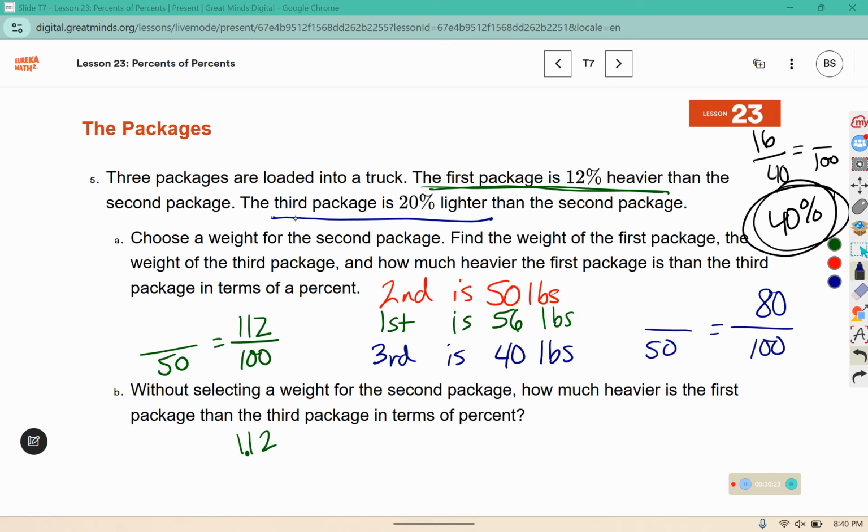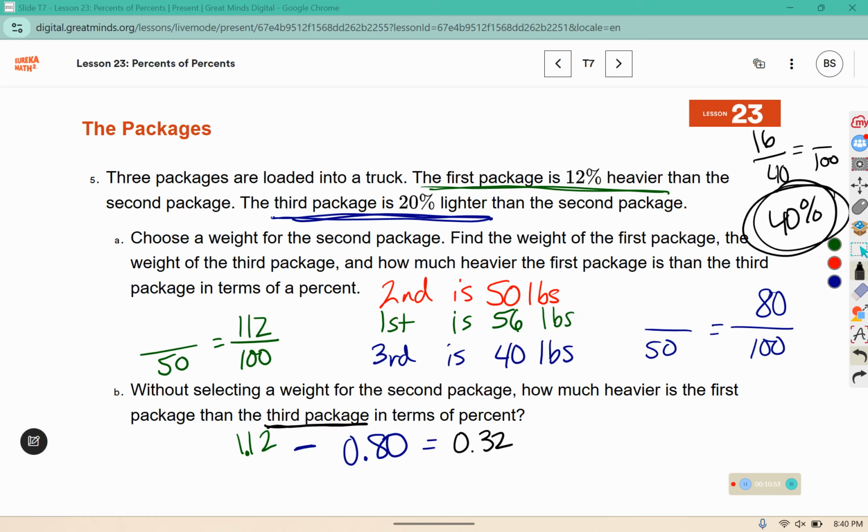And the third package is 20% lighter, which is 80%, or 0.80 as a decimal. Then we can find the difference here. 1.12 minus 0.8 is 0.32.